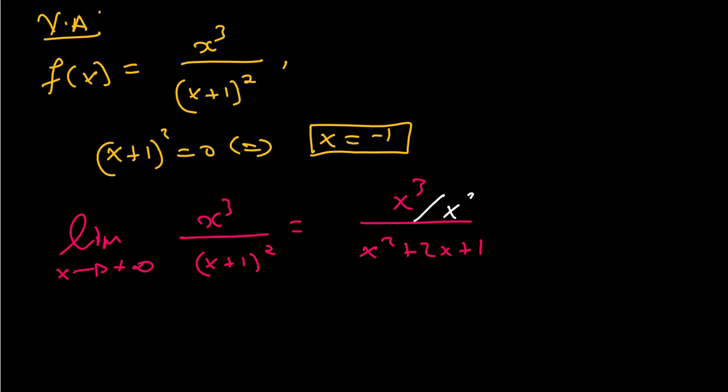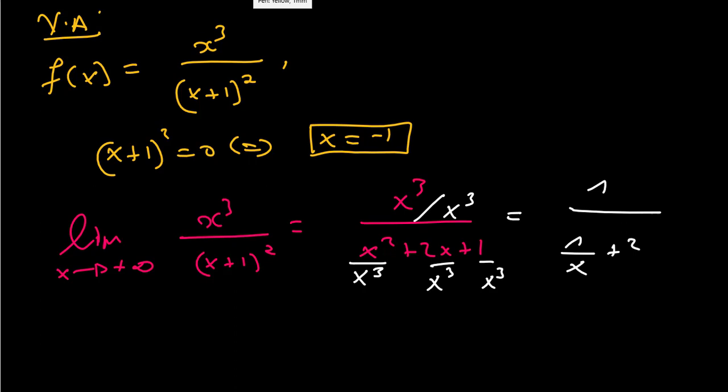So I will divide everywhere by x cubed. This simplifies and I get 1 divided by 1 on x plus 2 on x squared plus 1 all over x cubed.